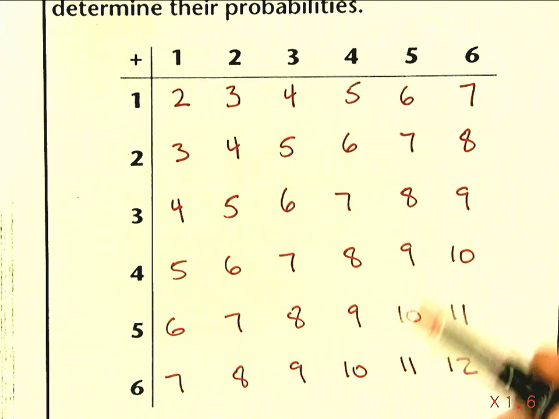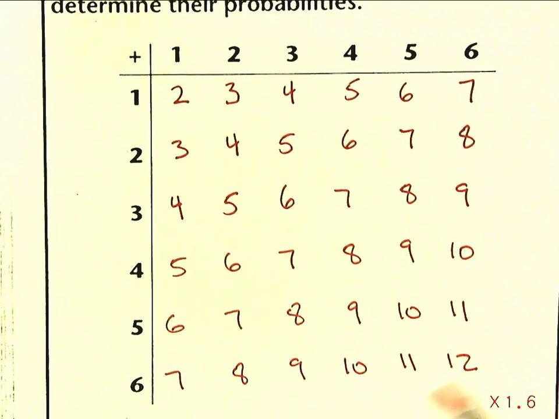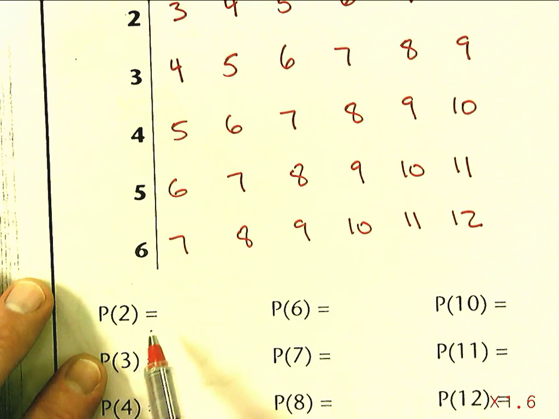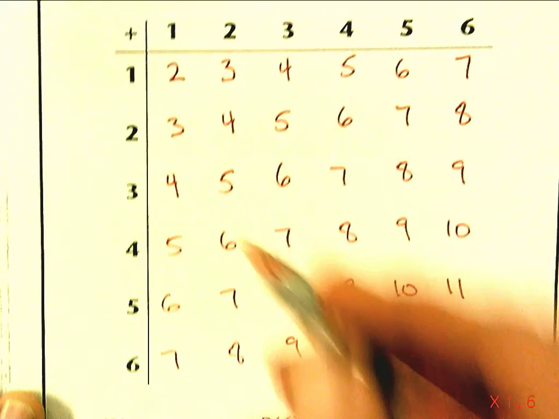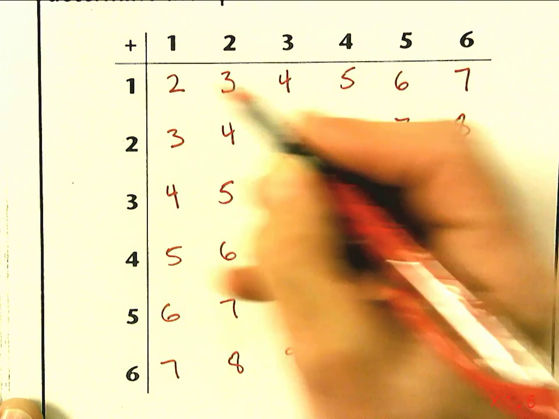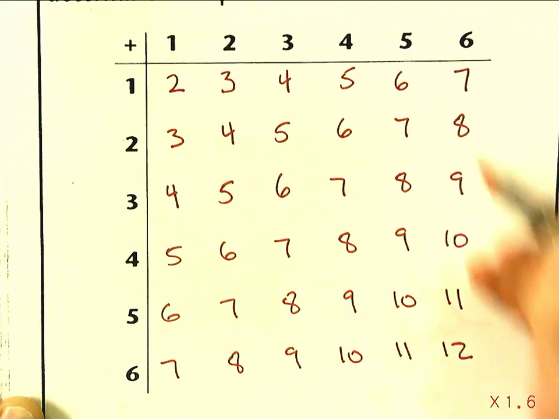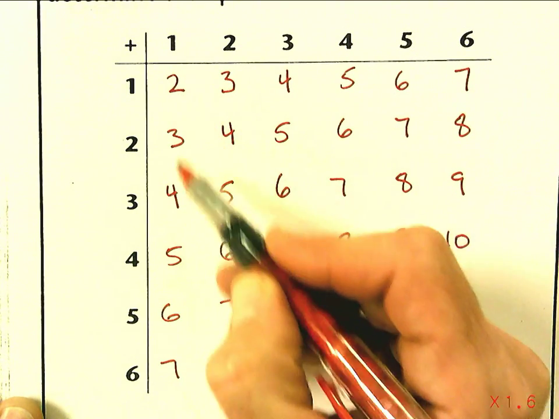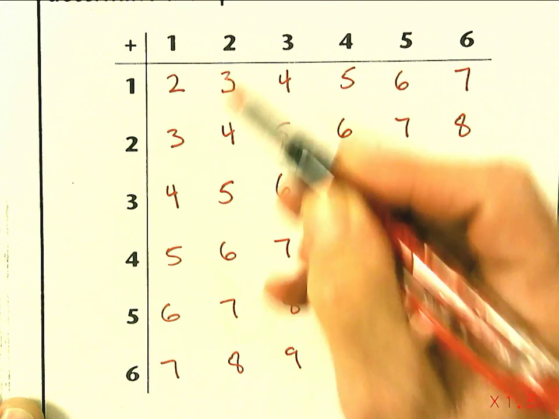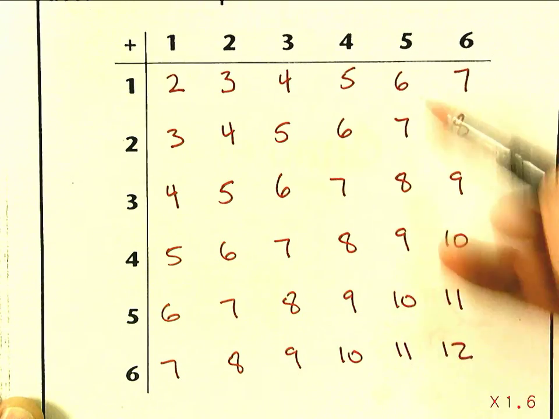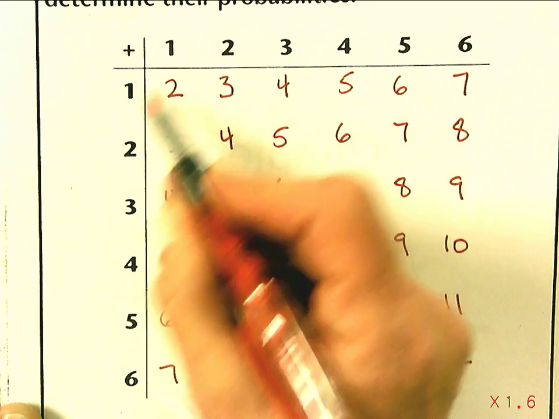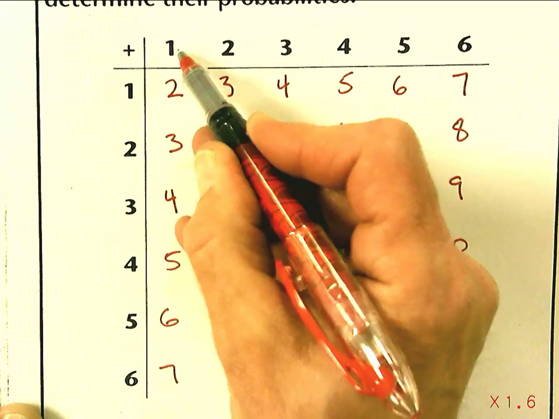And so now what we want to look at is the probability of rolling each particular combination. So down here at the bottom we have the probability of rolling a 2 with 2 dice, and of course there's only one way to do that, and if you look at all the possible outcomes, there's actually 36 possible outcomes. 1, 2, 3, 4, 5, 6 times 6 is 36, and there's only one way to get snake eyes, a 1 and a 1.